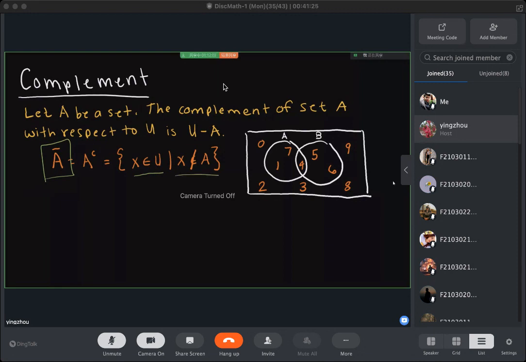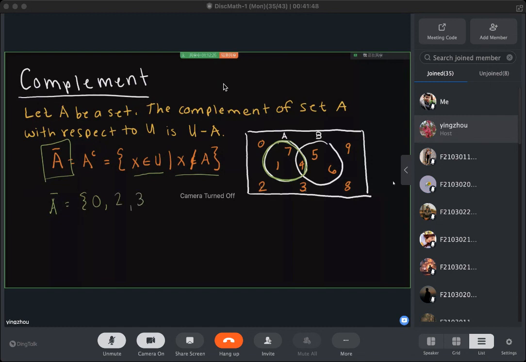So let's look at our picture where I have set A and set B. Set A is everything inside this circle, which is 1, 4, and 7. So the set not A would be any number that's not 1, 4, or 7: 0, 2, 3.